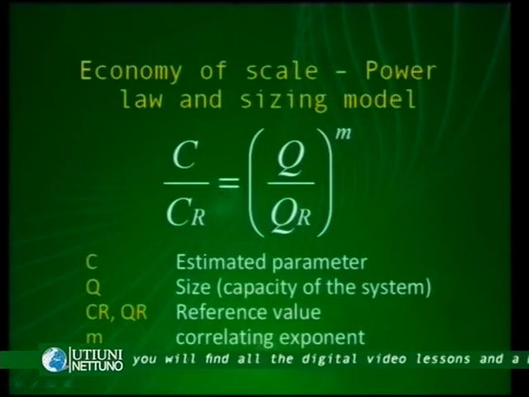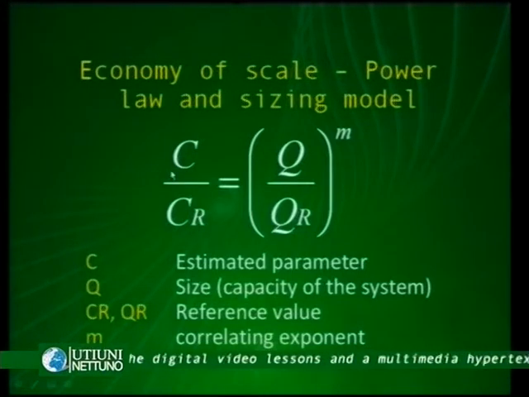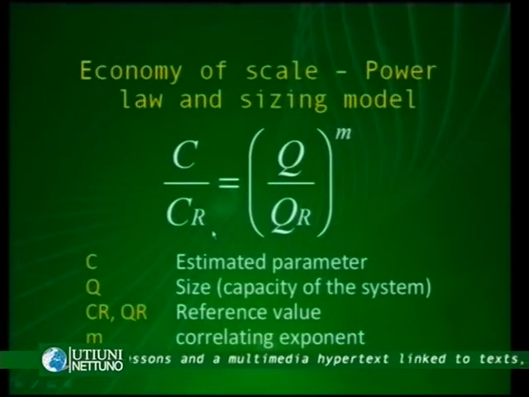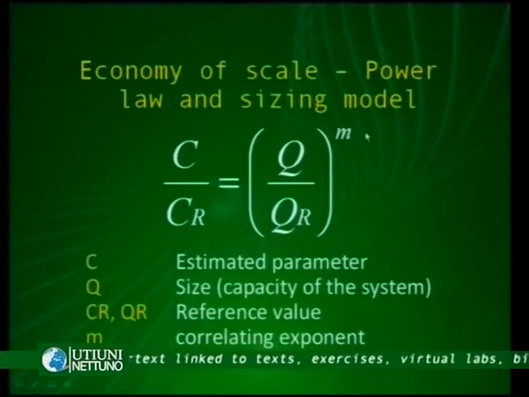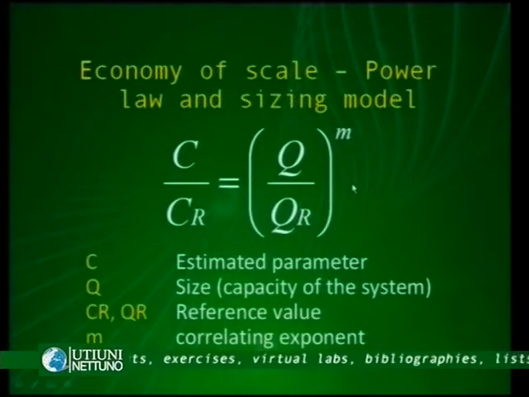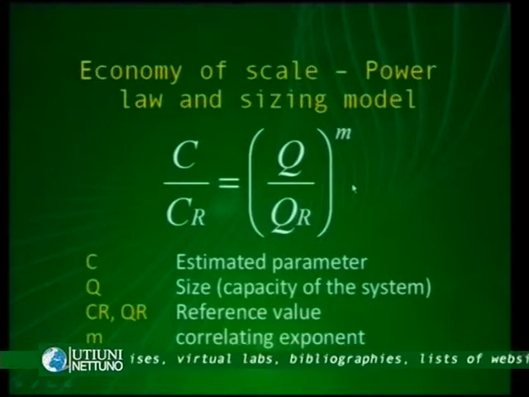And then we have the correlating exponent, as we've seen. So C divided by CR equals Q divided by QR, to the exponent M. This is the first way of estimating the impact of the economies of scale.